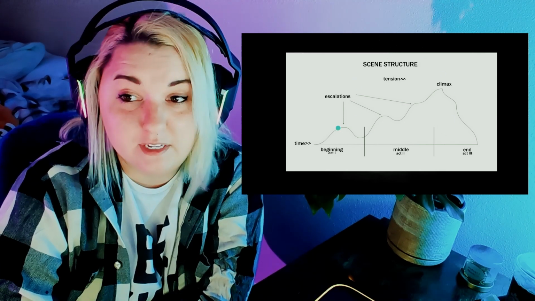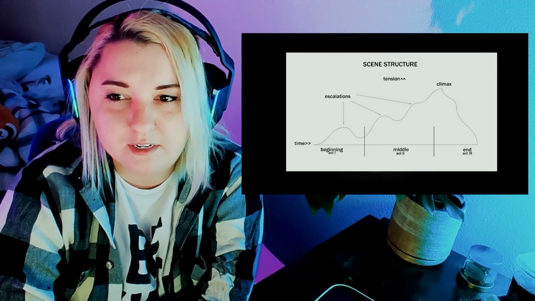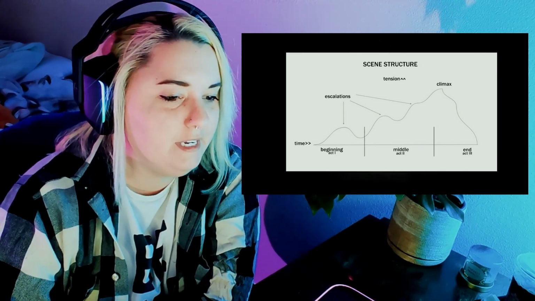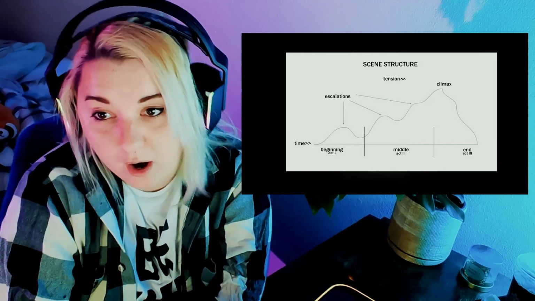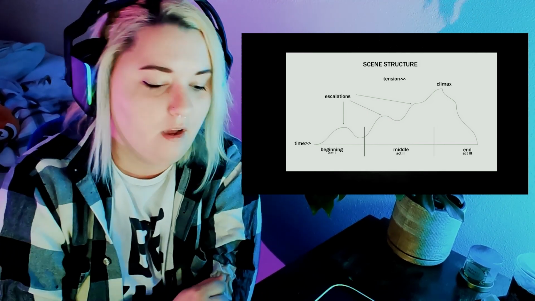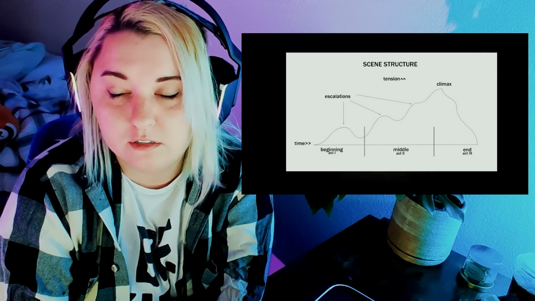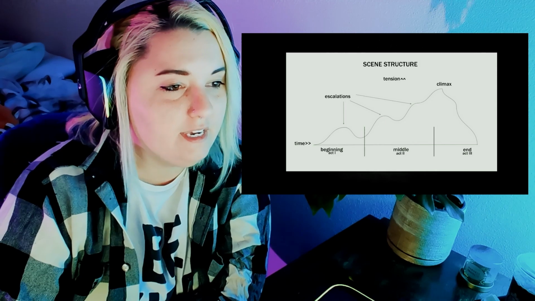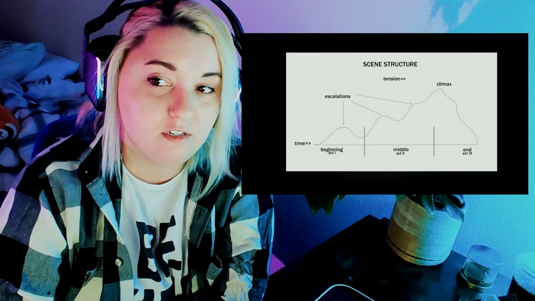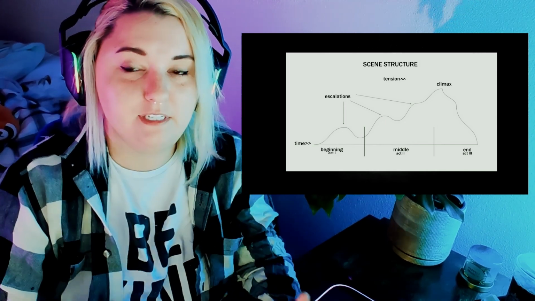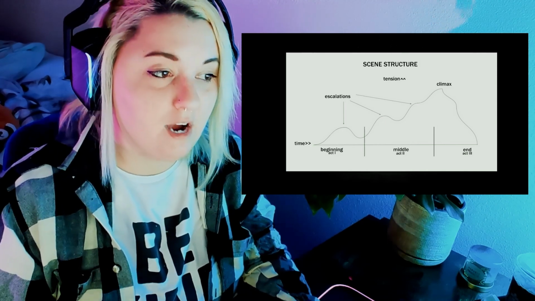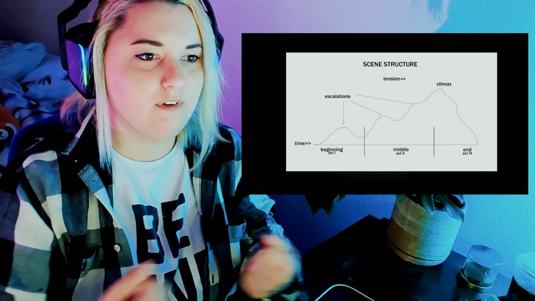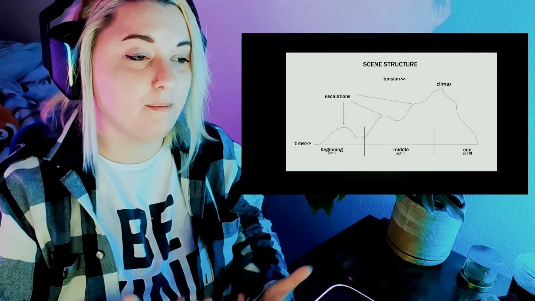Even outside of this structure, there are other things that you want to put into a specific scene, including what your character wants, what their goal is, as well as what obstacles are placed in front of them that are preventing them from reaching that goal. Generally, if there are 2 or more characters within a scene, they have different wants and different obstacles, and those wants and obstacles are in opposition, and that creates some of the tension.